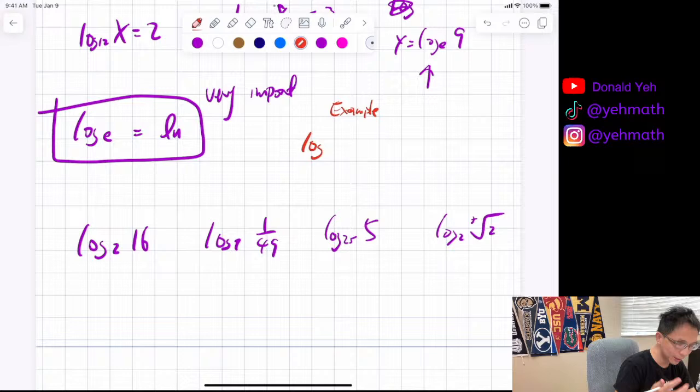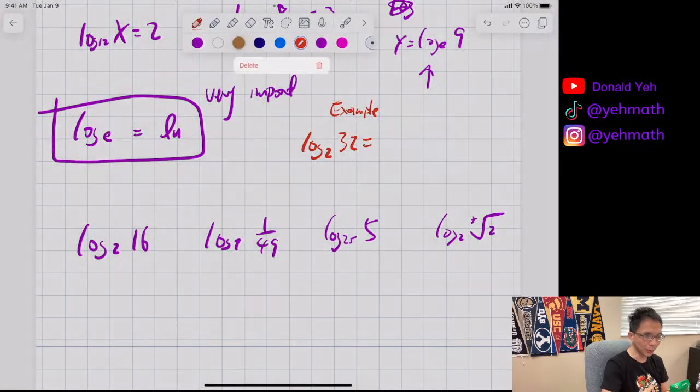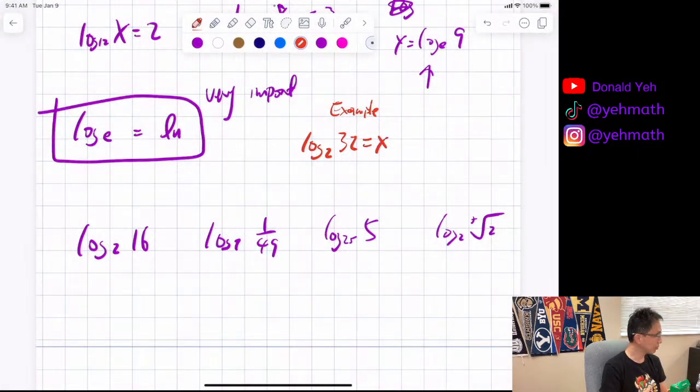So the logarithm is nothing scary. Let's just say I have log base 2 of 32 is equal to something. I don't know what log base 2 of 32 is, but we know that it's equal to some type of number, right? We can say that's equal to x, because we need to figure out what log base 2 of 32 is. So what you can do is change the logarithm form to 2 to the x equal to 32.